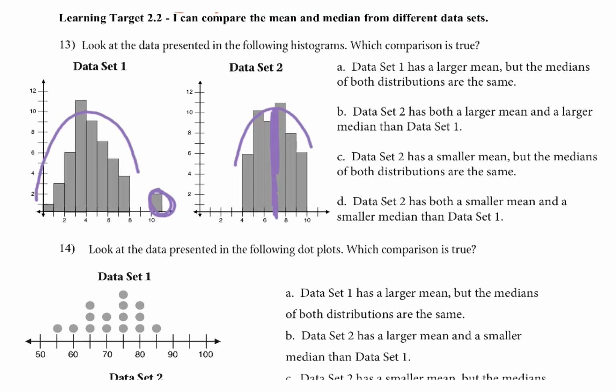For data set 2, I would say it would be about here at 7. Data set 1 would pull it slightly, but it's probably going to be close between 5 and 6 for the mean and the median. So on this one, our answer was going to be D. Data set 2 has both a smaller mean and a smaller median than data set 1.